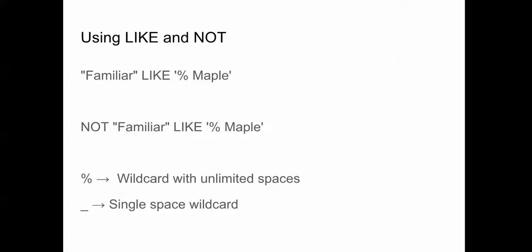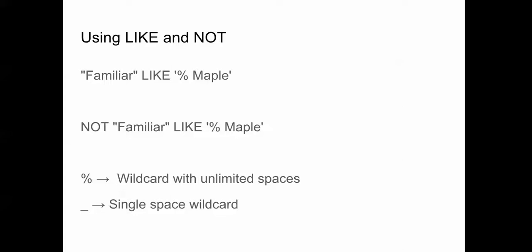There is a single space wildcard, and I want you to think about this. Remember that when we do these types of queries, they are case sensitive. Imagine that some of the people entering data entered a lowercase m for maple, and others entered uppercase.